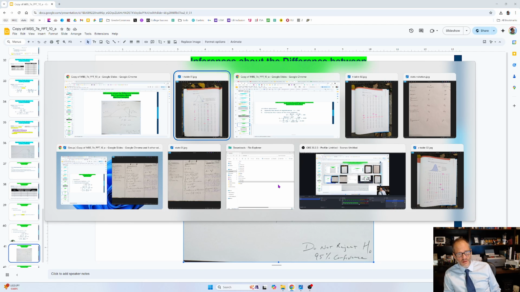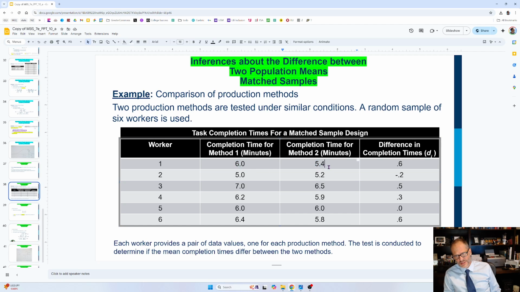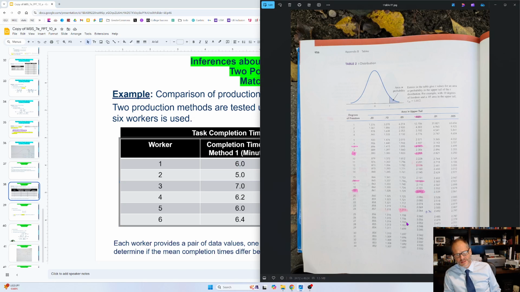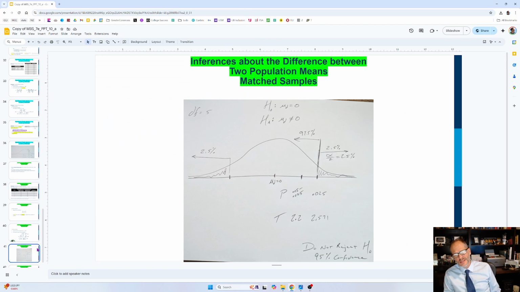If we go back and look at our data, I can look at it right here: the differences in completion times, and then the mean of those differences. They weren't large enough to be out here in the reject the null hypothesis region, that the mean of the differences for the population is equal to 0.